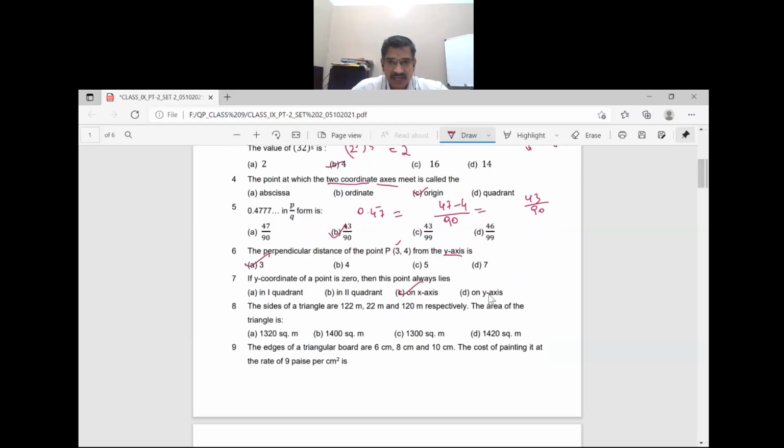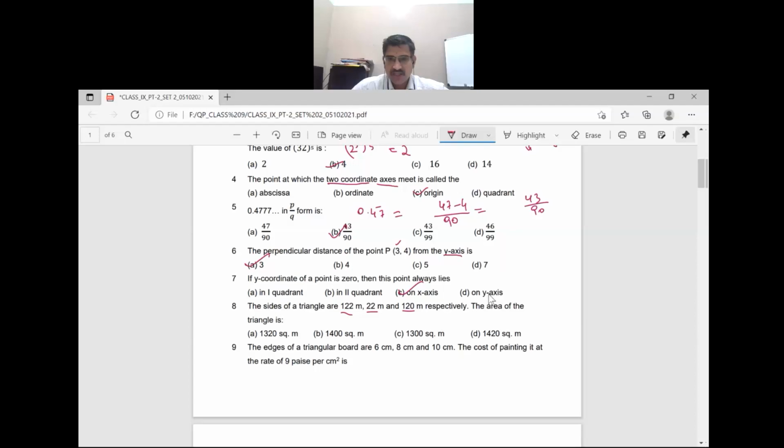Next, question number 8. The sides of a triangle are 122, 22, 120 respectively; find the area of the triangle. See, children, here you use Heron's formula to find the area of a triangle when all three sides are given. You know how to use Heron's formula.